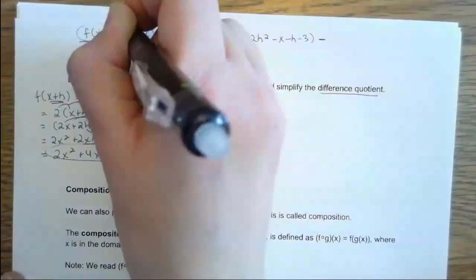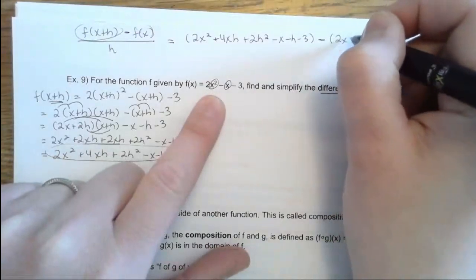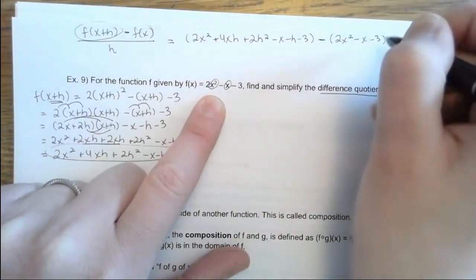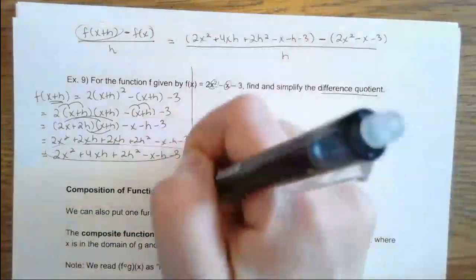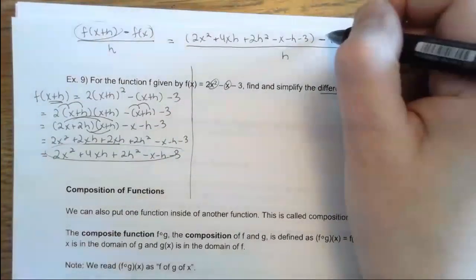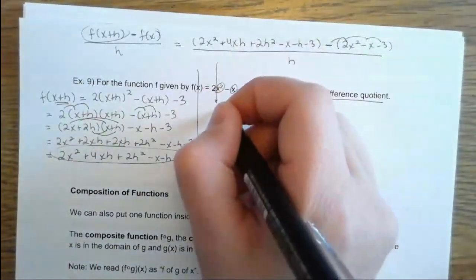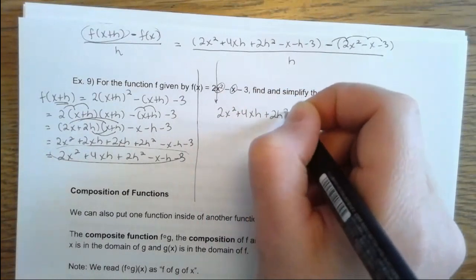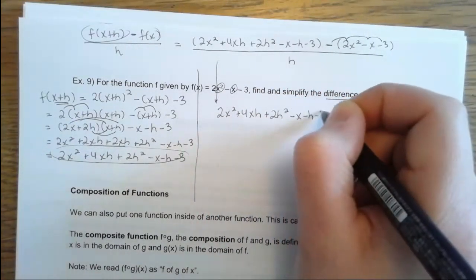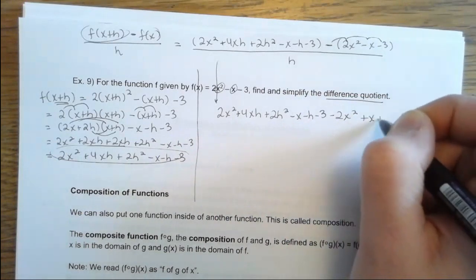I'm going to subtract that with the original function, which is this one. And then that whole thing is going to be over h. And I'm just going to take my time here and start simplifying. So I'm going to distribute through, and I get 2x squared plus 4xh plus 2h squared minus x minus h minus 3 minus 2x squared plus x plus 3.